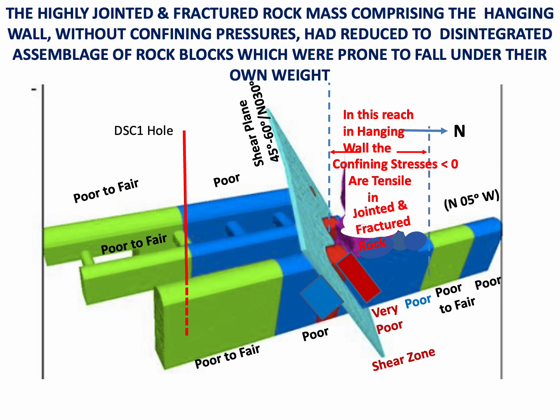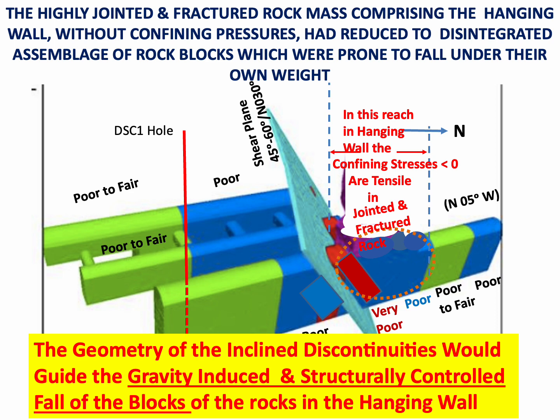It was the hanging wall reach, located towards the north of the shear zone, where the confining minor principal stresses had become tensile and the other confining stresses, that is major principal stresses, aligned along the axis of the downstream surge gallery, had been reduced to merely 2 megapascal in a stress relieved zone which existed up to a height of 100 meter rising above the crown.